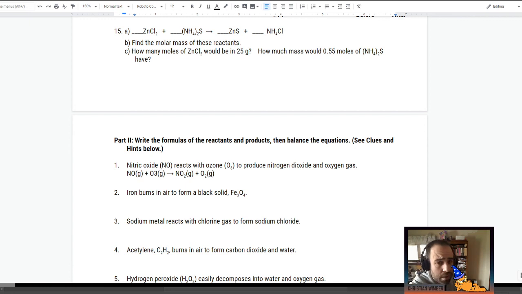You have iron, and when I look up iron in the periodic table, we know that it's Fe. It's reacting in air, and air is not an element. Air's a bunch of stuff. So we'll have to look into that. We know that we're going to end up getting some black solid, Fe3O4. And the question is what on earth must we have combined the iron with?